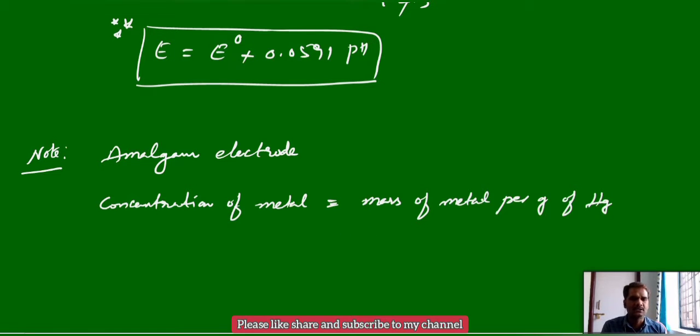So here concentration will be taken in terms of the mercury only, not like the previous molarity or normality. Here we take the mass of the metal by the mass of the mercury. That is the concentration of the metal, especially in case of the amalgam electrode.